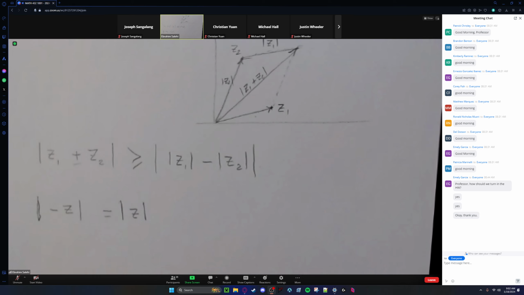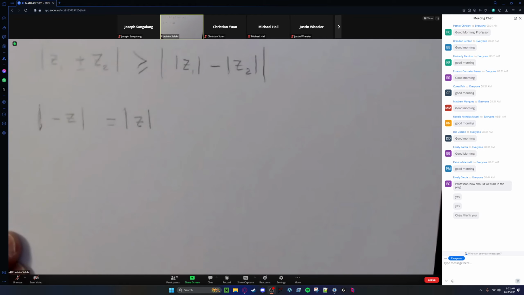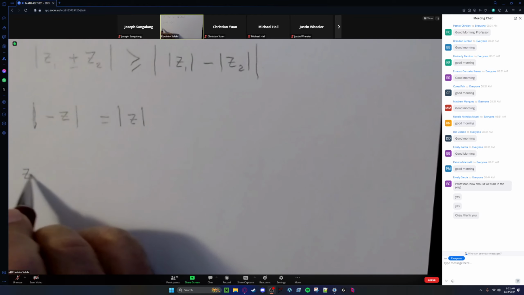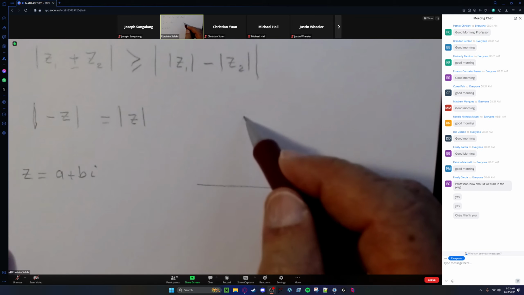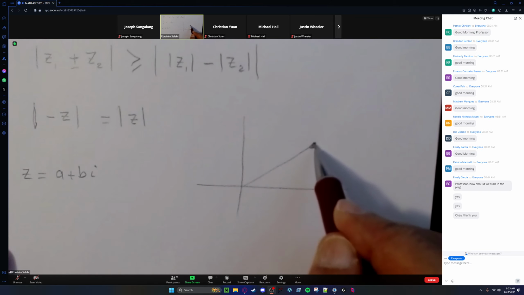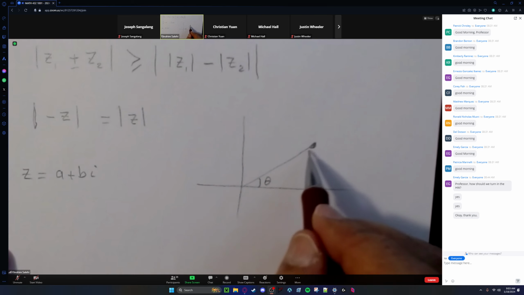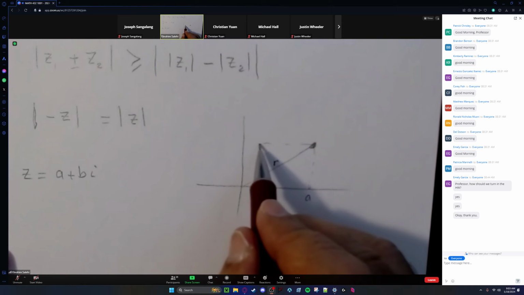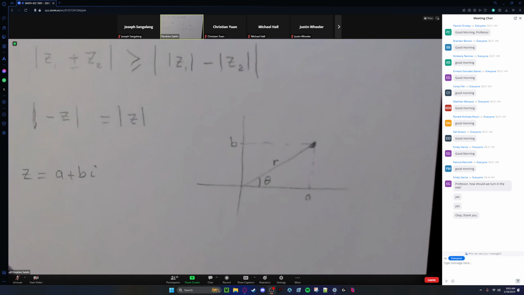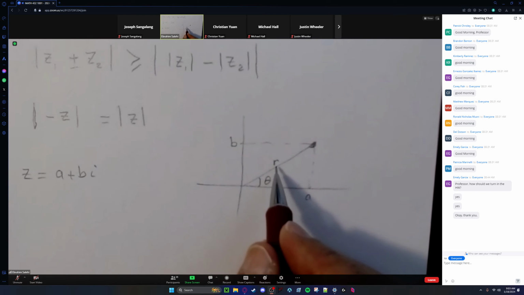Now comes the polar representation. I told you that if you look at this complex number as a point, you will have theta here, and this is R. This is A, and of course, here is B. Just using this triangle, you know that cosine of theta is adjacent divided by R, the hypotenuse.